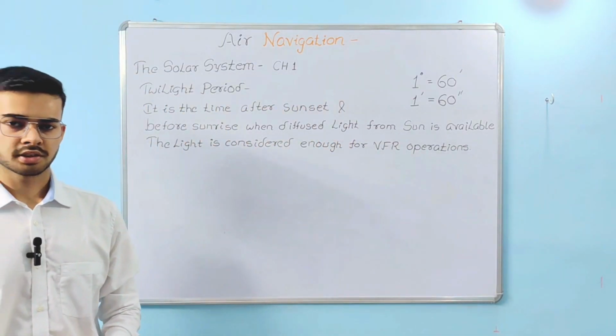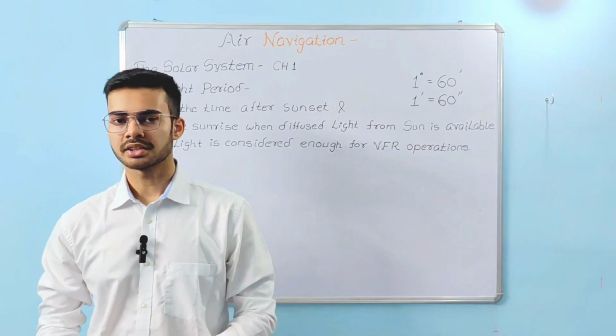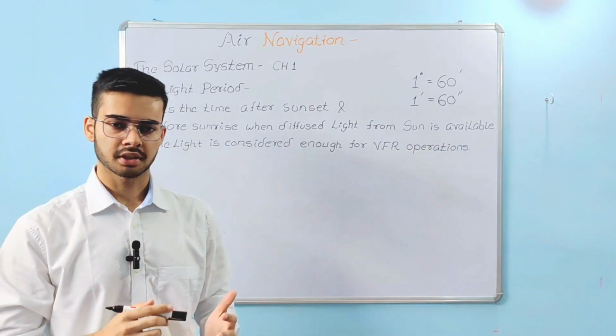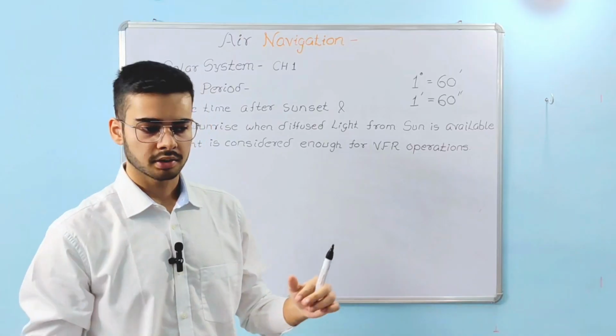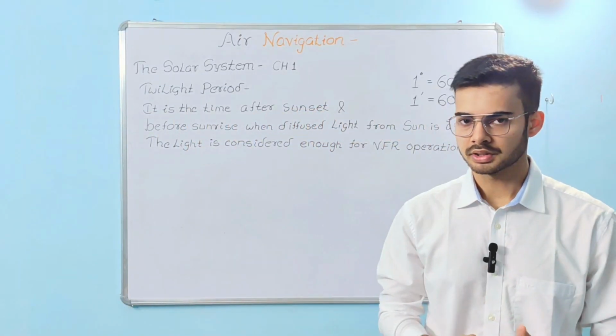It is the time before sunrise and after sunset when diffuse light is available and it lights up the atmosphere a little bit. And one important thing about it is that VFR operations are possible in this.